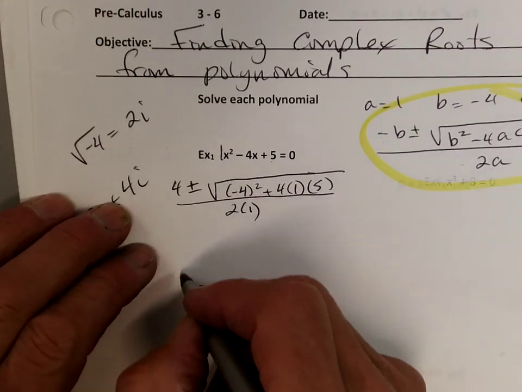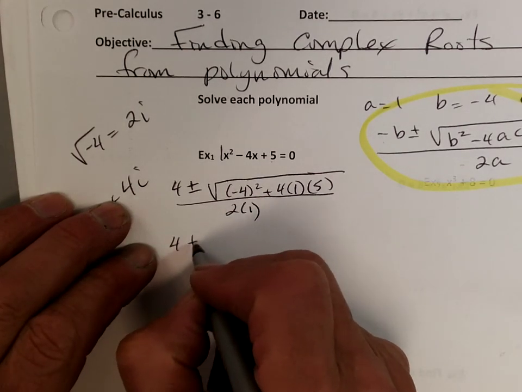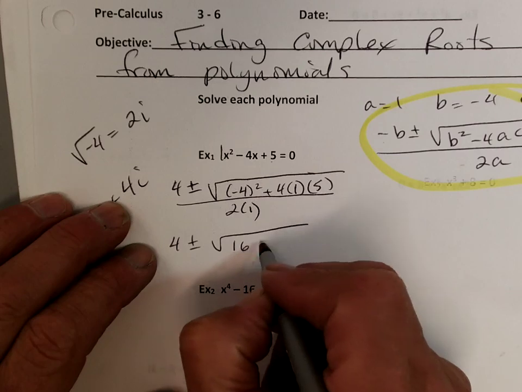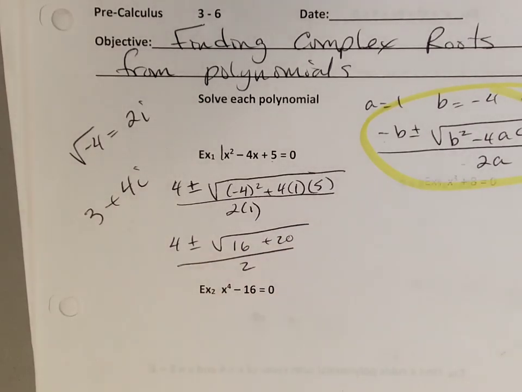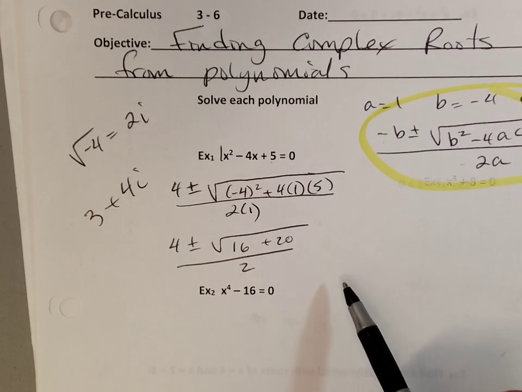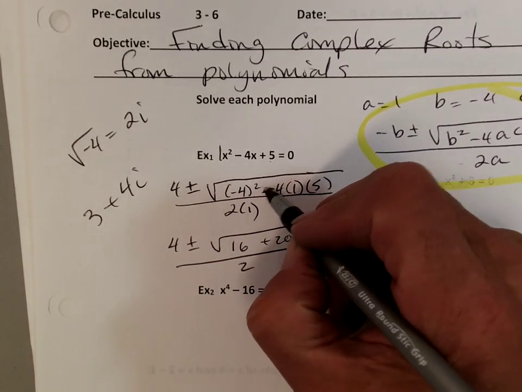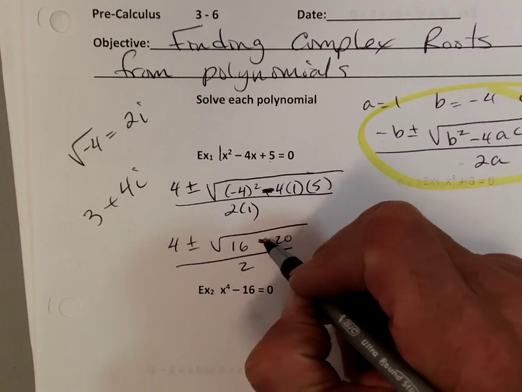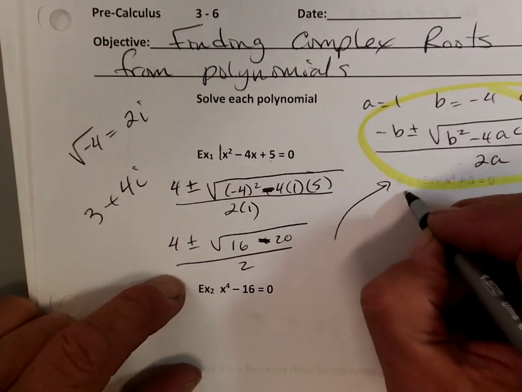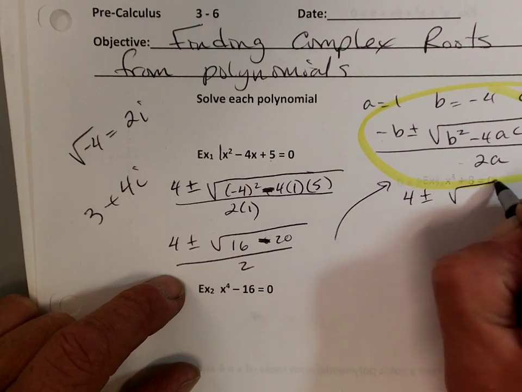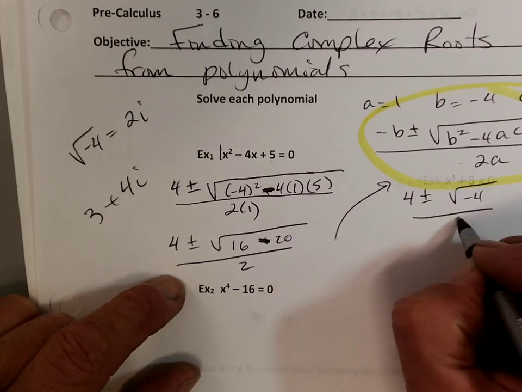So I'm going to get 4 plus or minus the square root of 16 plus 20 over 2, right? Oh, that's a minus. Darn me. I knew something was wrong. So I'm going to get 4 plus or minus the square root of -4 over 2, right?